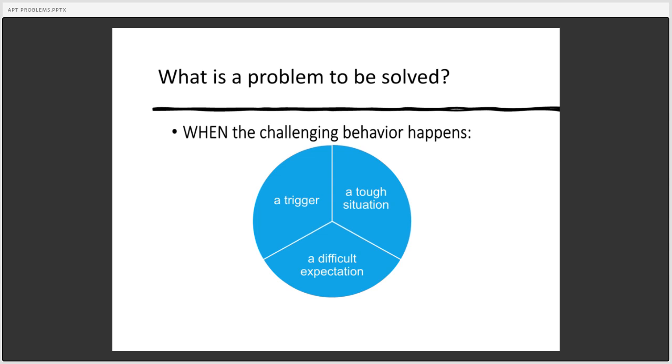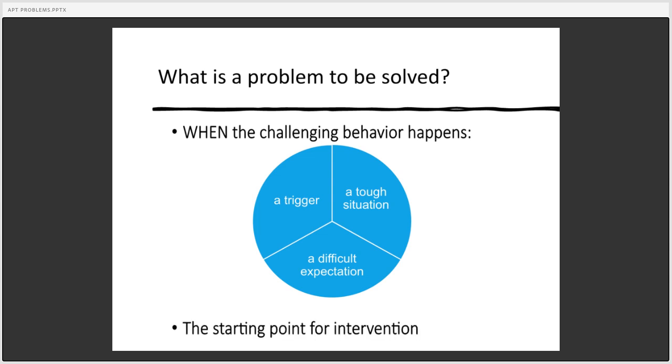Or was there a difficult expectation, an expectation that was hard for them to manage and led to the challenging behavior? Or was there some trigger that dysregulated them and led to the challenging behavior? So any of those things, a tough situation, a difficult expectation, or a trigger can be problems to be solved.